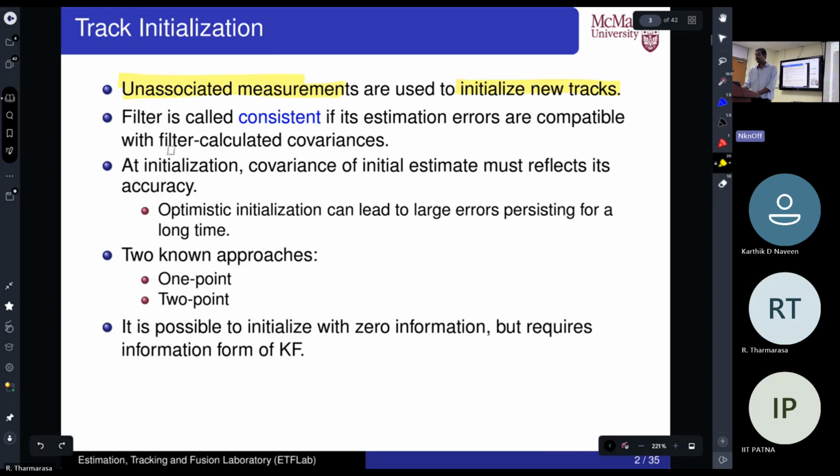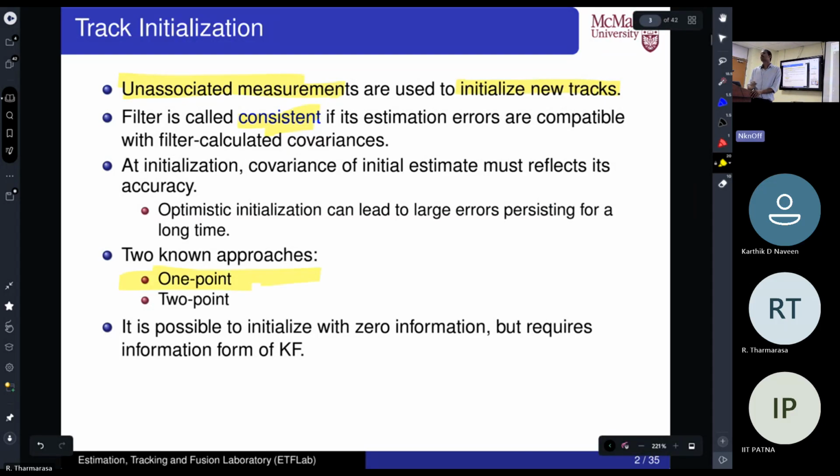And when I say consistent, the covariance should satisfy the uncertainty. It must reflect the activity and so on.